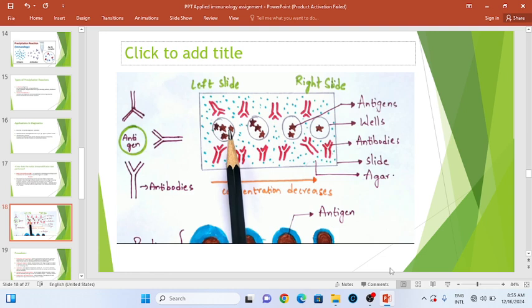We have antigen, and we have antibody, and the slide where that process is done, and the agar as the medium where antibody and antigen are going to interact. And from left to right, concentration is decreasing, meaning the concentration of antigen is decreasing.